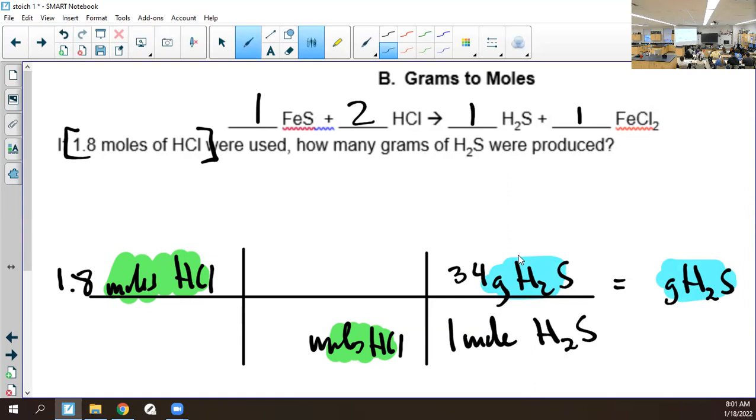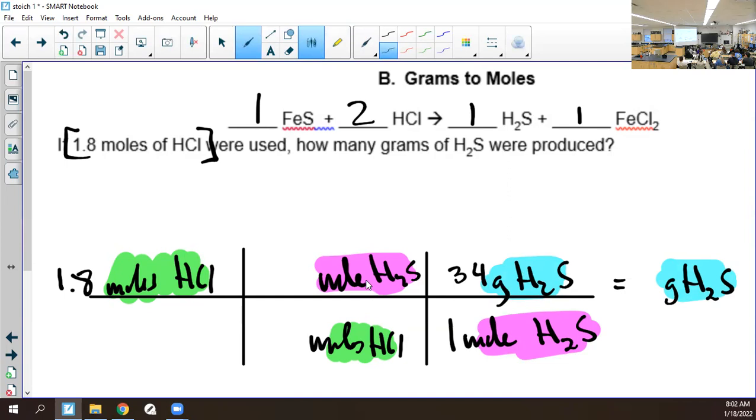Now, the 1 mole could be on top and the grams on the bottom. That's allowed. But we know whatever we find the number on the periodic table, it is grams per mole. All right, then finally, that will tell me what goes up here because the unit up there always matches the unit here, right? So now I know this is mole H2S.